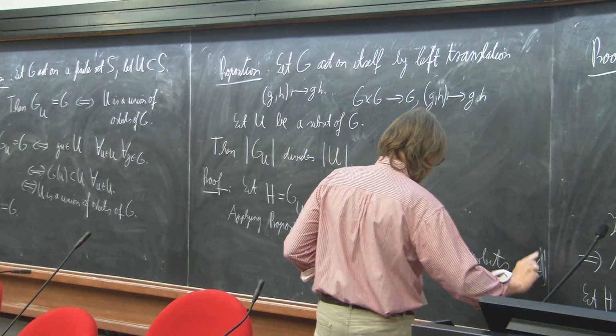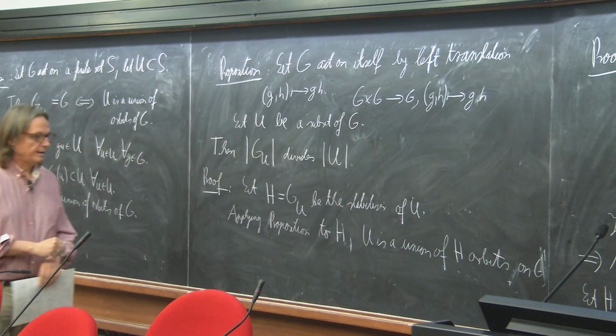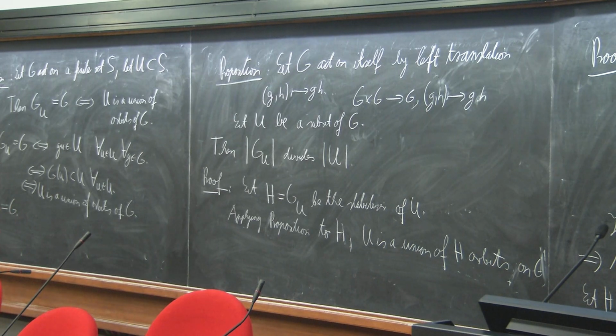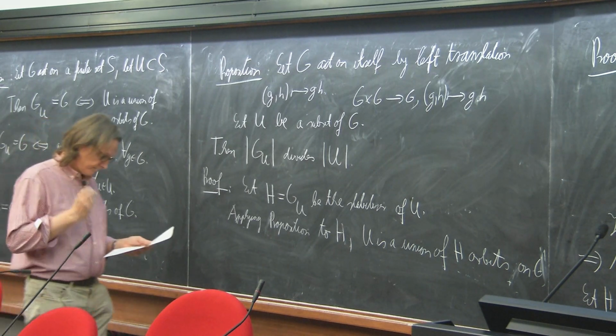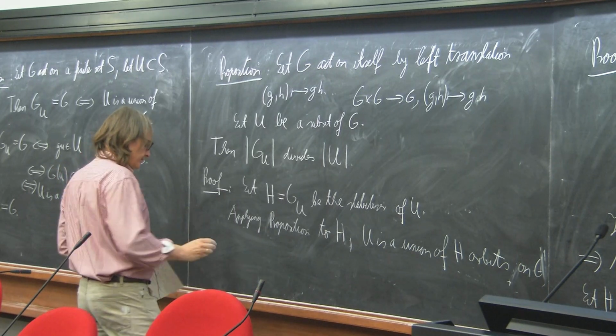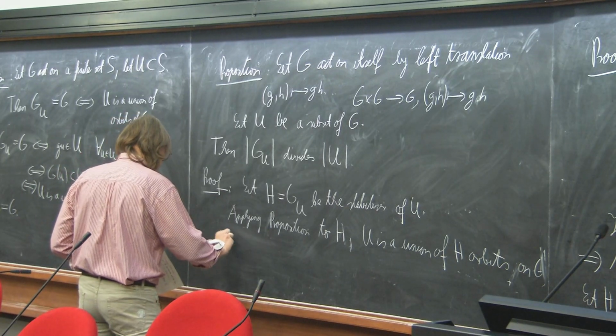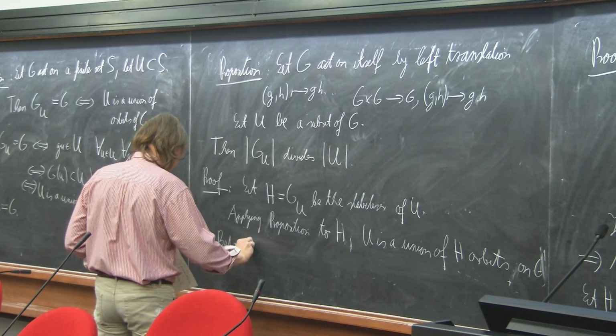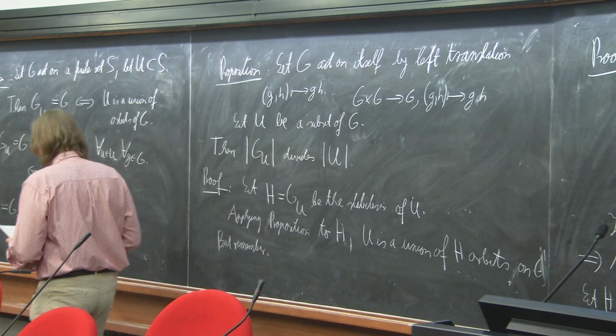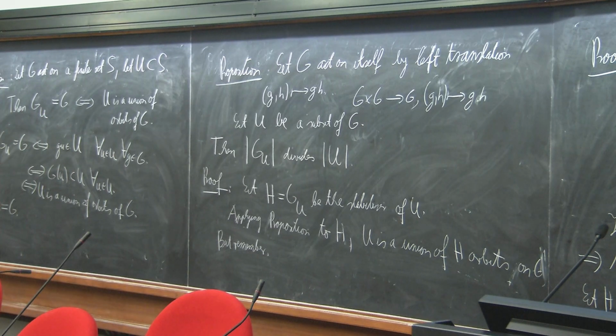Okay. So it's a union of H orbits. H acts on G by left translation, and it's a union of H orbits. But remember that we had seen for the left translation, all the orbits have as many elements as the group by which we act, because it's just multiplication. If an element in the group acts trivially, it must be the identity because it's multiplication in the group.